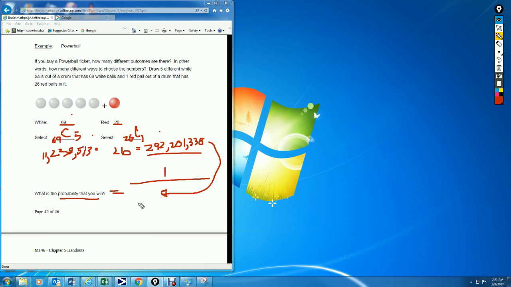Or if you write it in scientific notation, because it is such a teeny tiny number, it would be 3.42 times 10 to the negative 9.